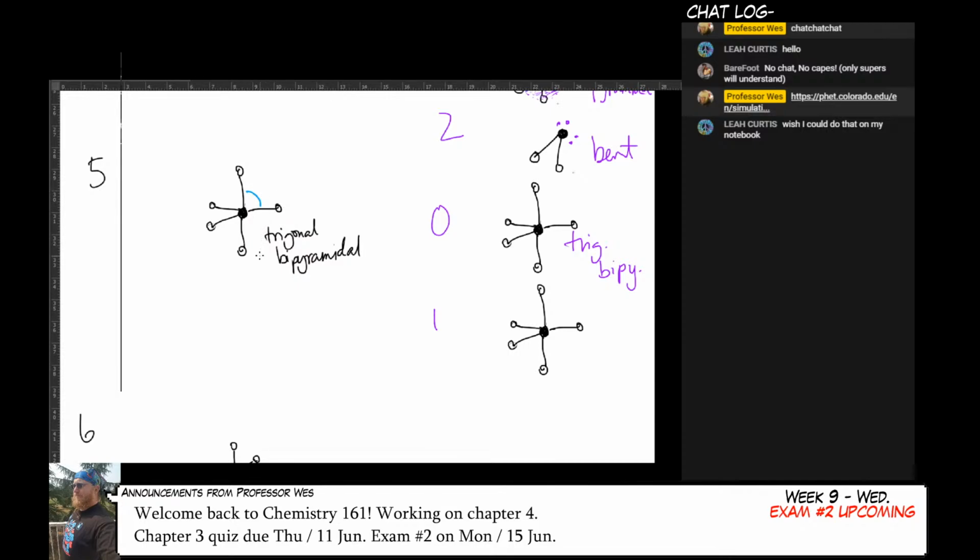So here we go. If I were to look at the bond angle that I've drawn here, which I can't see because this is in the way. There we go. What number would you assign to this blue arc right here that I've labeled with a curve and a line? Based on how I've drawn it anyway.